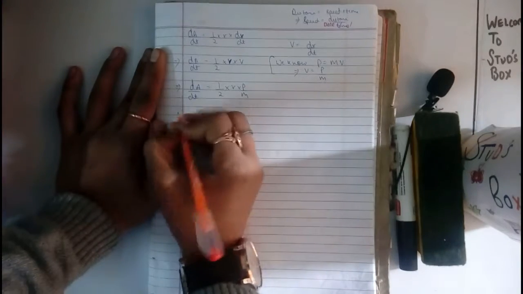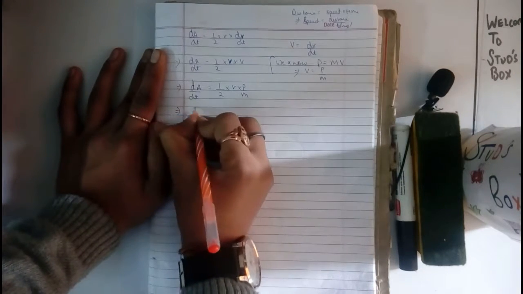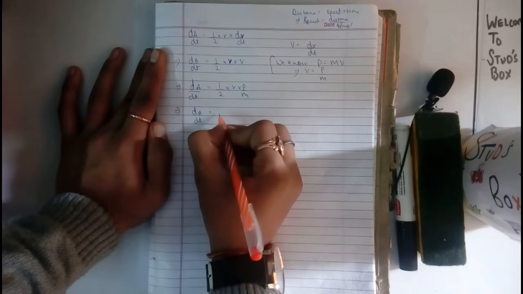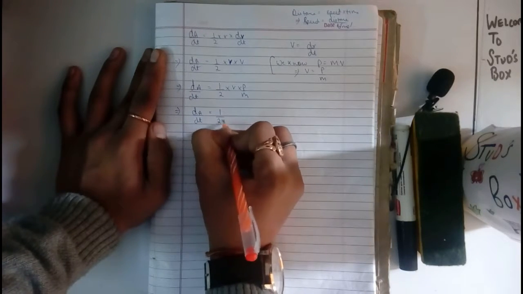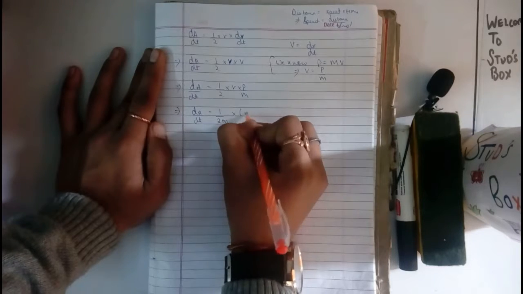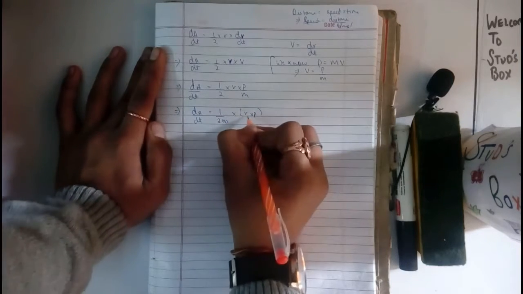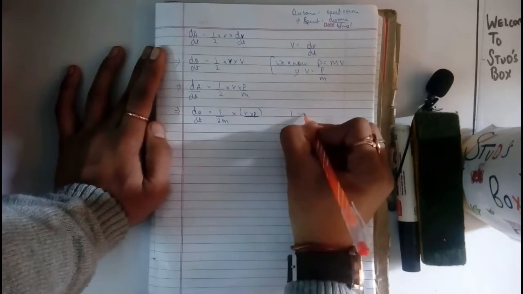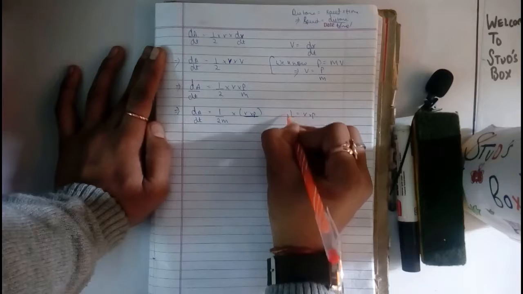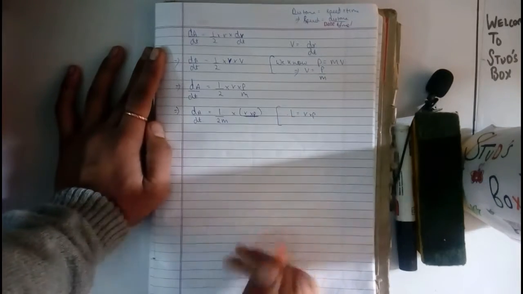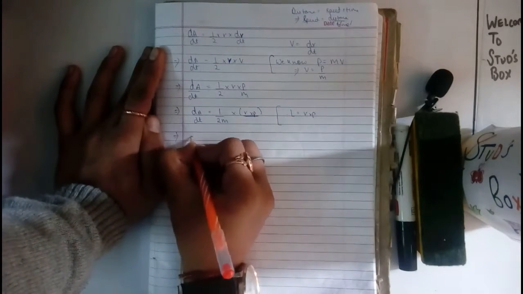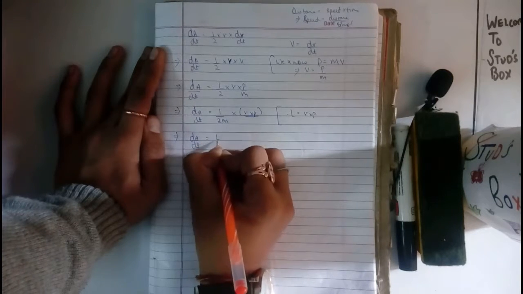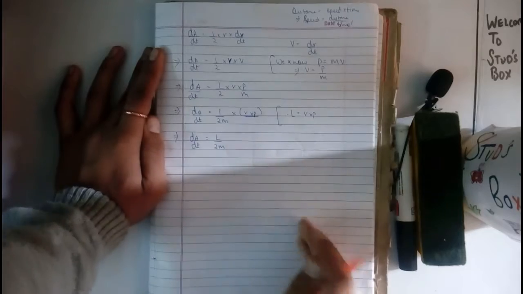Solving this further, dA by dt is equal to 1 by 2m into r cross p, and we know r cross p is equal to angular momentum. So simplifying this, we can write dA by dt equals L by 2m.